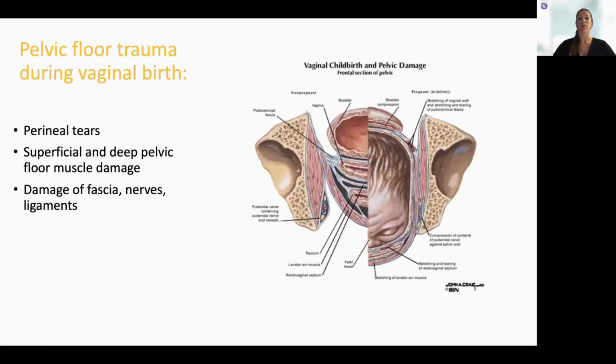During vaginal birth, pelvic floor trauma may occur, and perineal tears of different grades can occur. Superficial and deep pelvic floor muscles may be damaged, and damage can also occur in fascias, nerves, and ligaments.